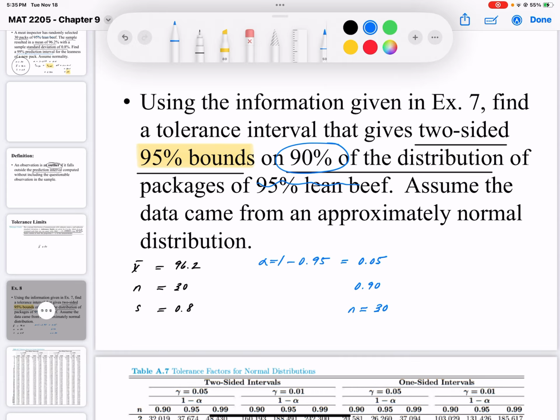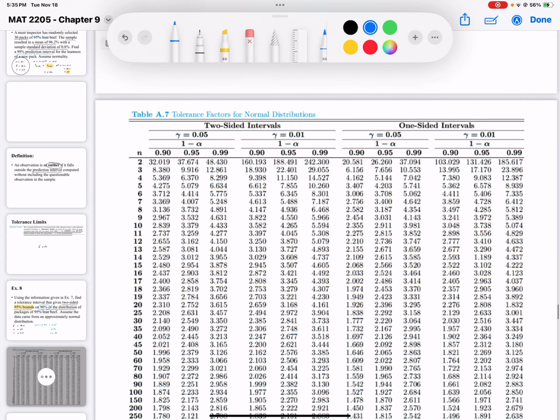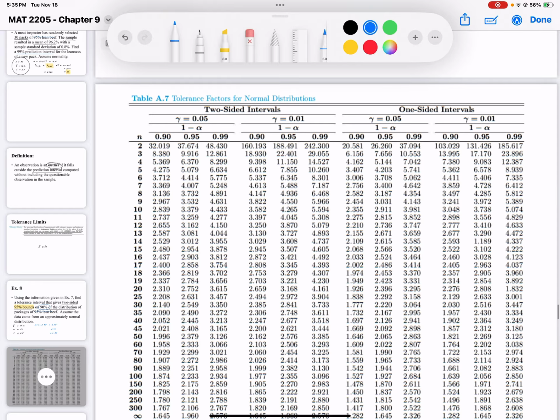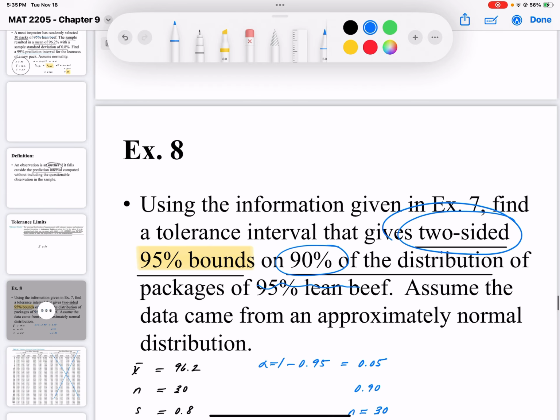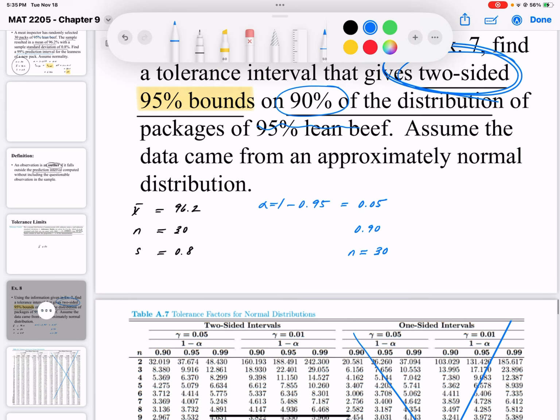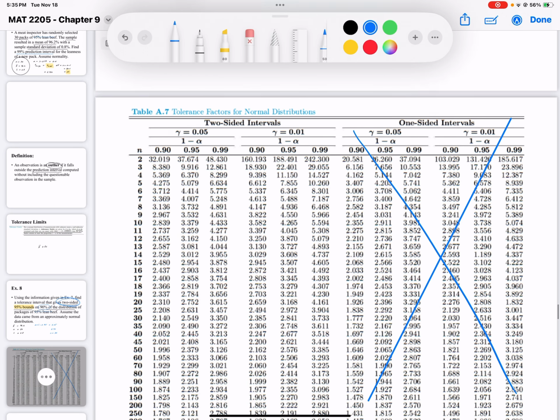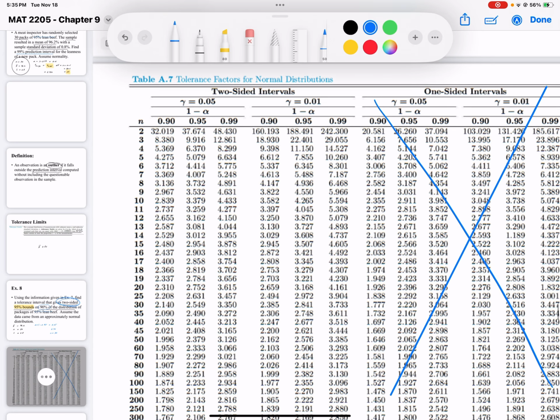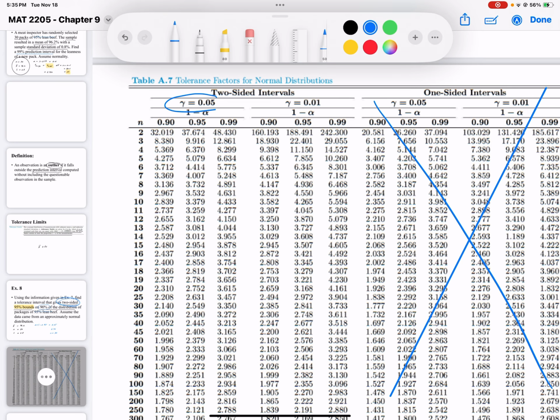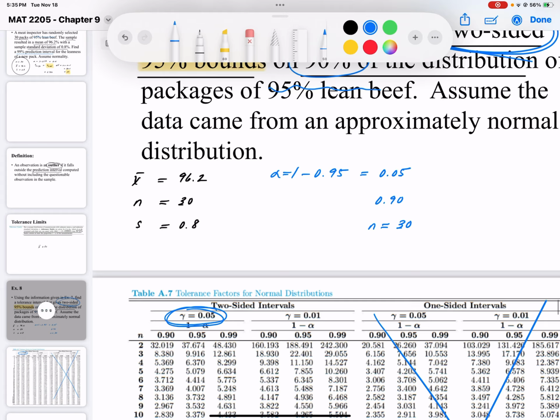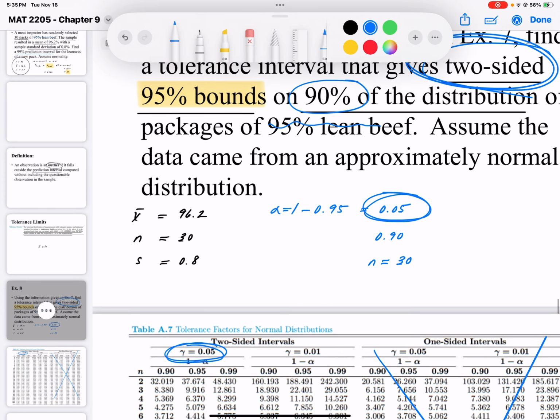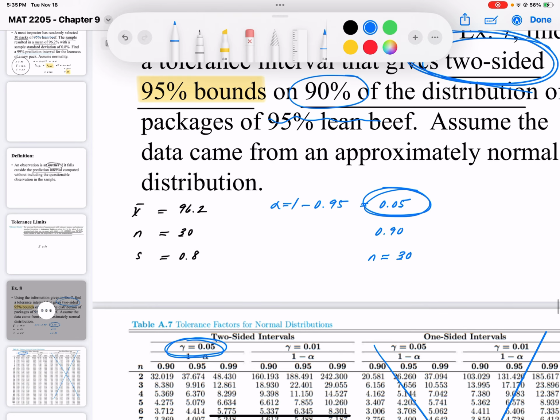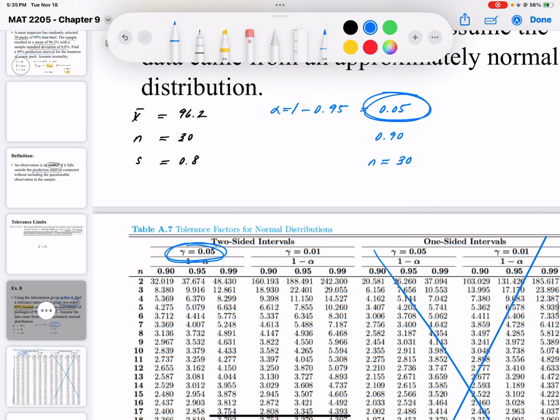All right, now let's go to our chart. We don't have a one-sided interval, we have a two-sided interval. How do I know? Because it says it right here. Our alpha value, so we're on this side, that gamma value, is 0.05. How do I know? Because that's the difference between our confidence level and 1.